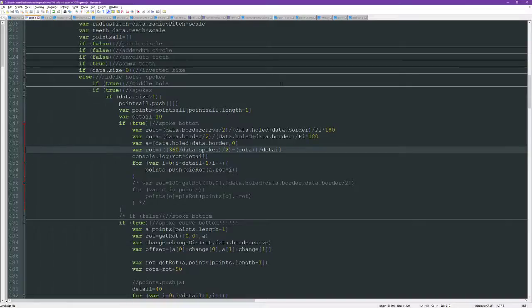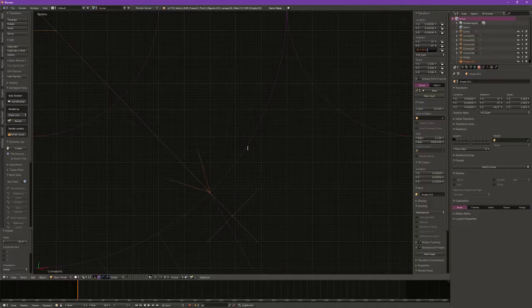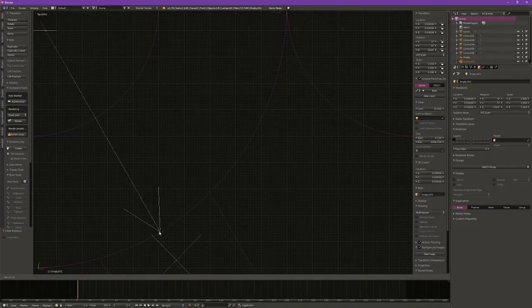I mean, it's slightly different. I don't know if that's a good thing. Wait, what if I kept rotating this? What? Well, yeah, it'll be 60.